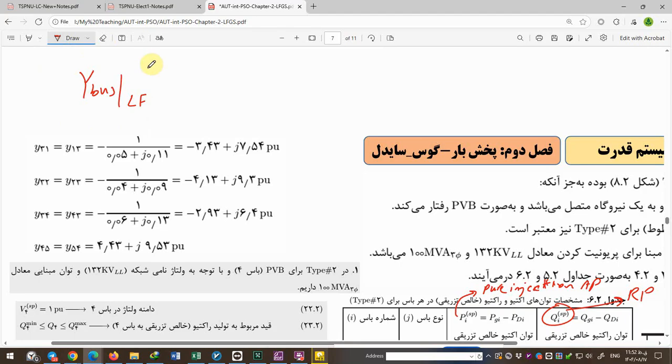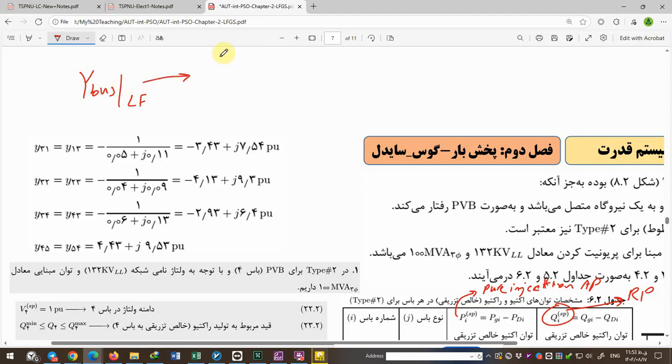We found the Y bus in load flow before, in the beginning of this chapter, and I want to remind you about the calculation of each array of this matrix.